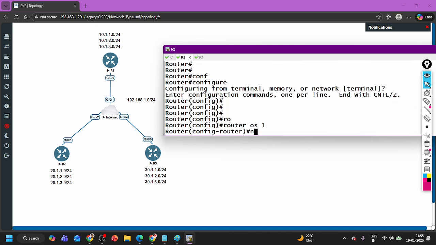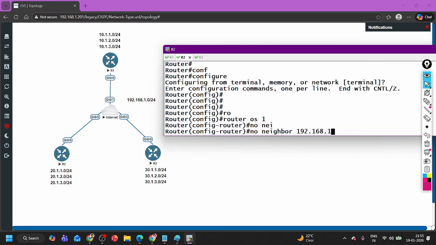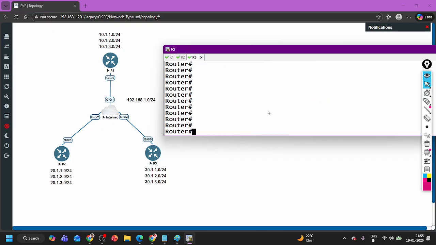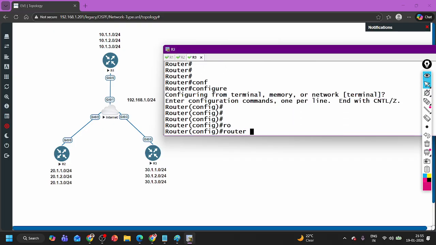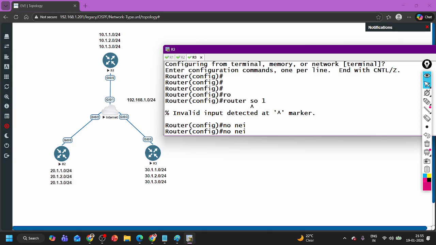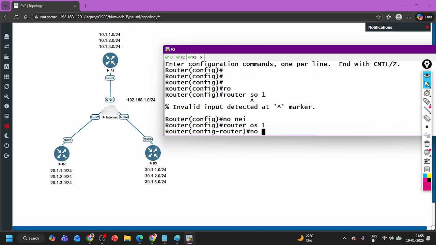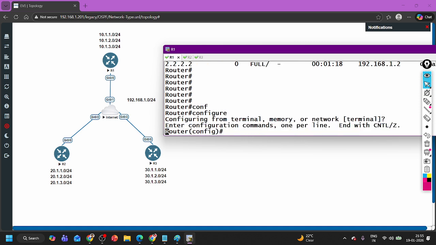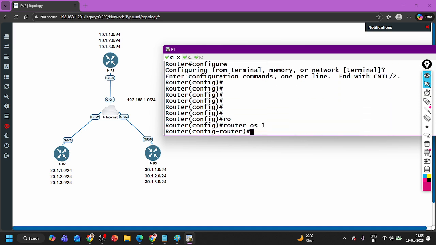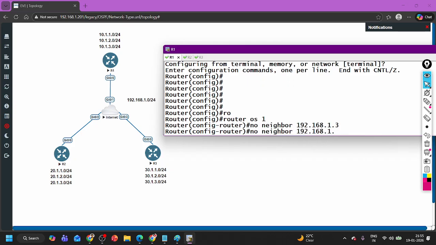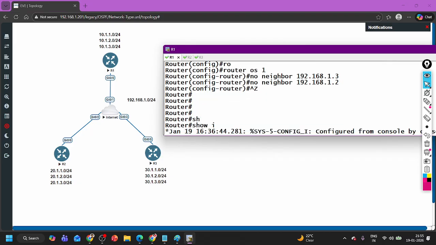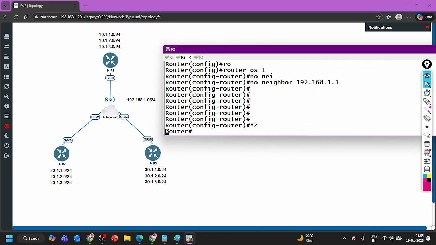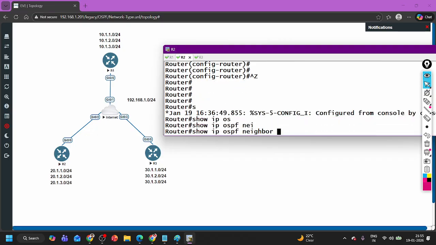Router OSPF 1, no neighbor 192.168.1.1. Now it is a point-to-point broadcast network, right?